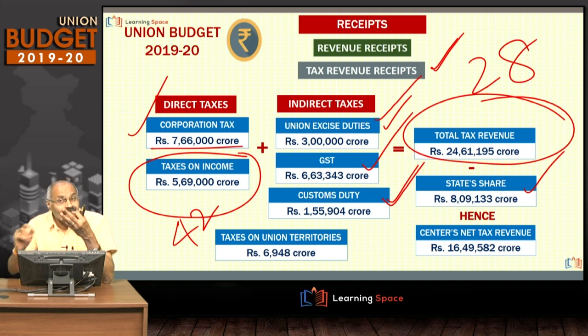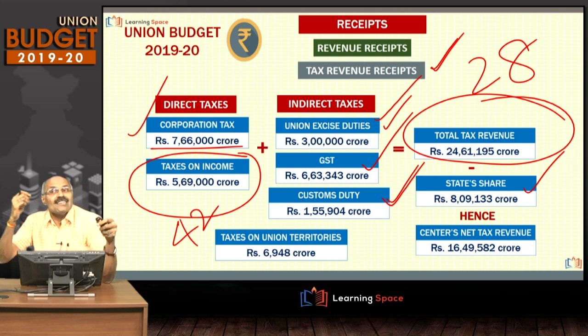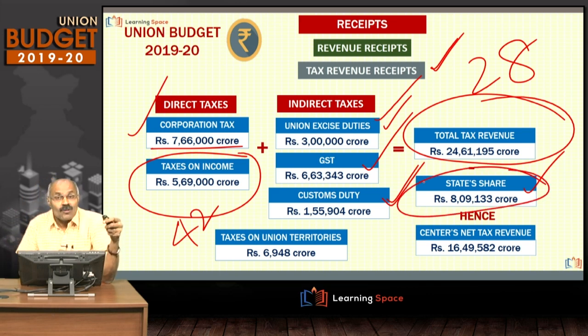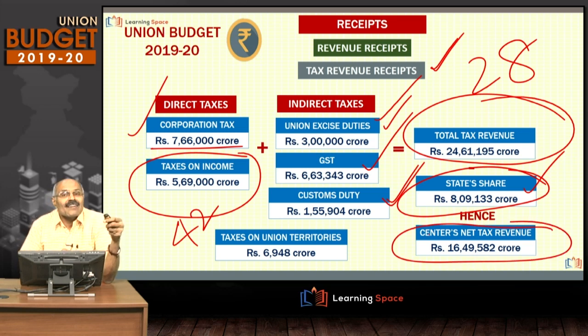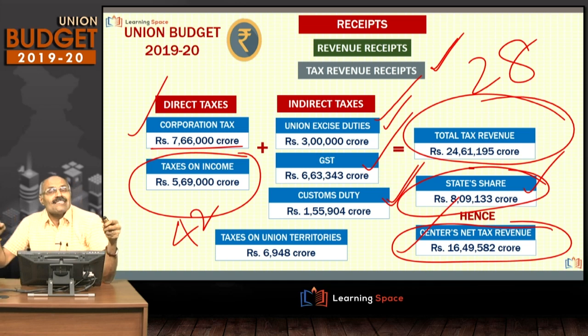Please remember that, right? And the state share is around 8 lakh crores. After that, the center's net tax revenue is around 16.5 lakh crores, right? So this is the center's net tax revenue after devolution to the states.